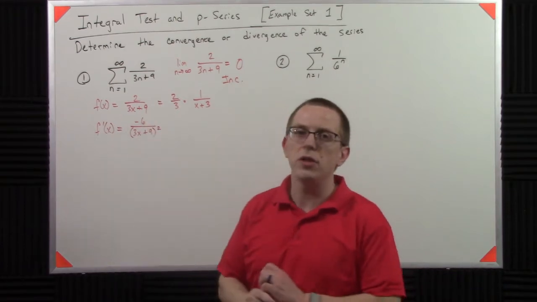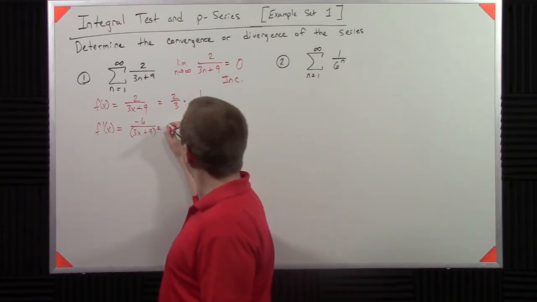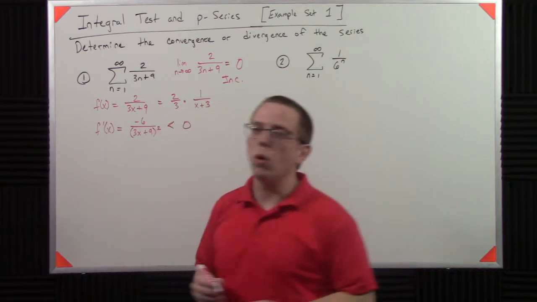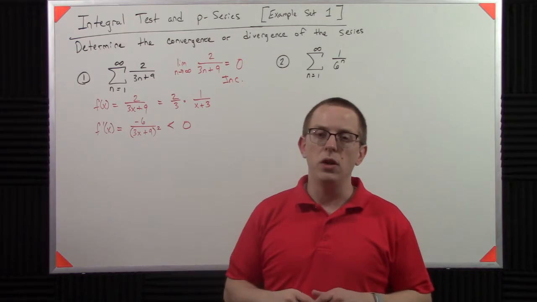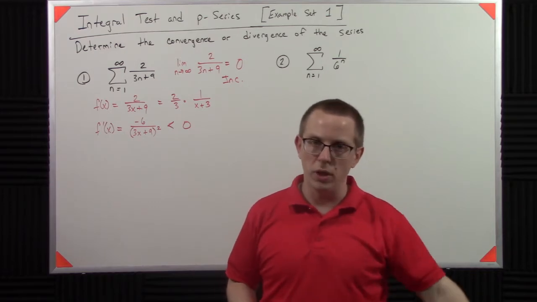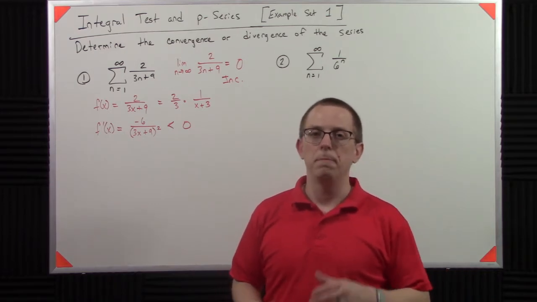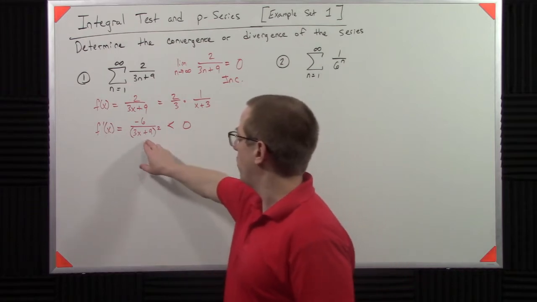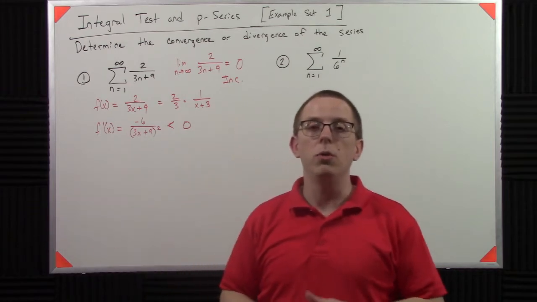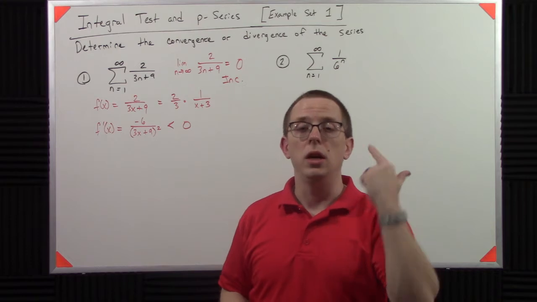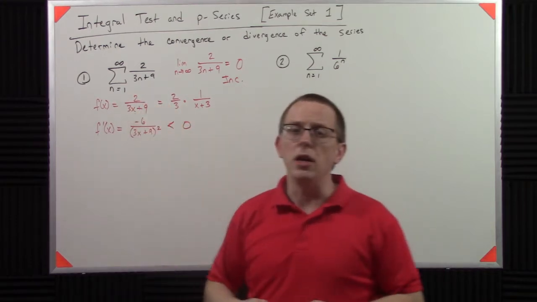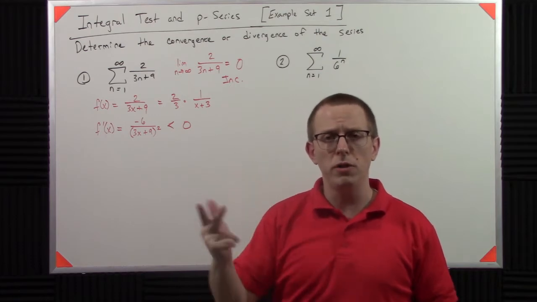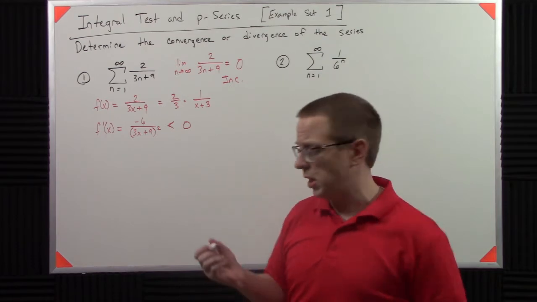So what you have is something that's negative for every value of x. Well, if it's negative for every value of x, then you know that it's decreasing over the entire domain, or at least the domain we care about, which is 1 to infinity. So we know that it's continuous, it's positive, because clearly this is always going to be positive, and decreasing. So since it's continuous, positive, and decreasing, we can apply the integral test.